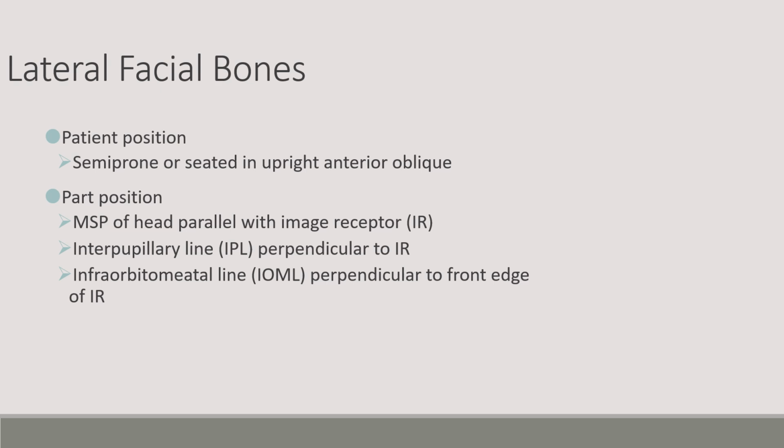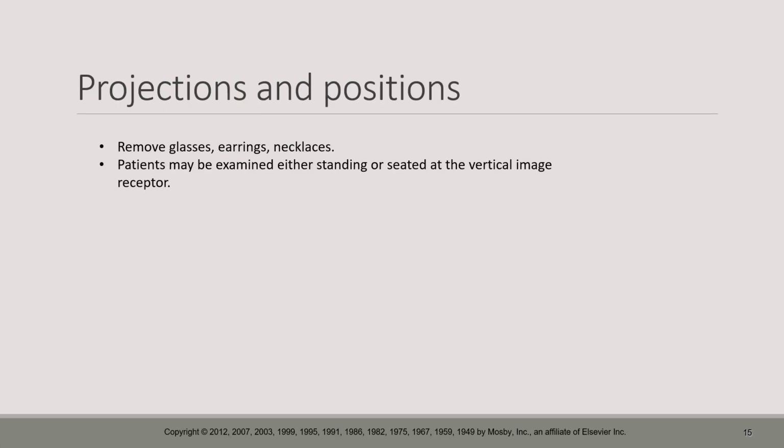Oblique the torso 45 degrees toward the image receptor, and then turn the mid-sagittal plane of the head parallel with the image receptor. Interpupillary line perpendicular to the IR, so no tipping of the head left to right. As far as raising the chin goes, the infraorbital meatal line should be perpendicular to the front edge of the IR. So if they're in a standing or seated position, the IOML is horizontal. That's what that means.